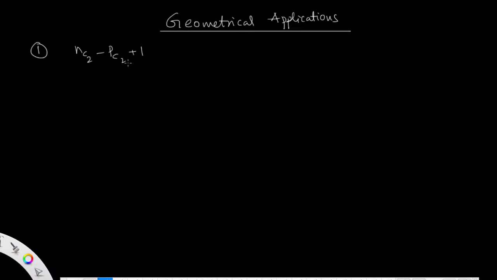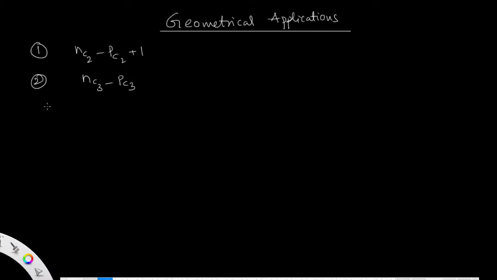Next, there are n points in a plane, P of which are collinear. The number of triangles that can be formed is the second formula we learned yesterday, NC3 minus PC3.